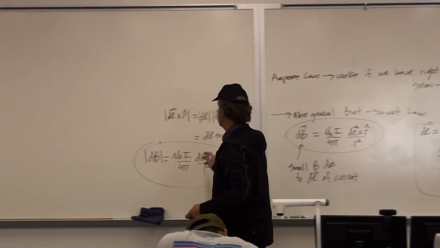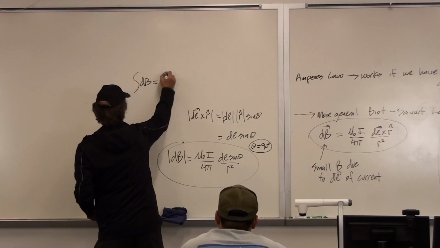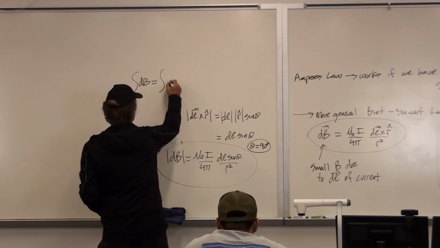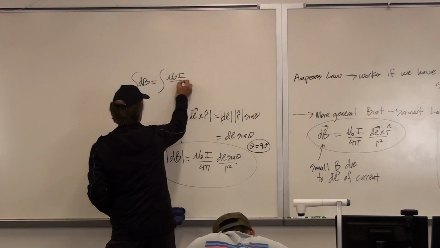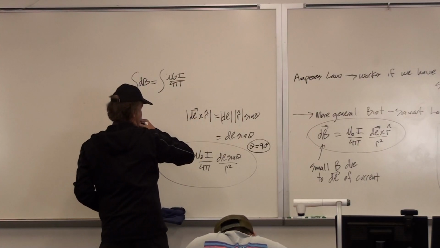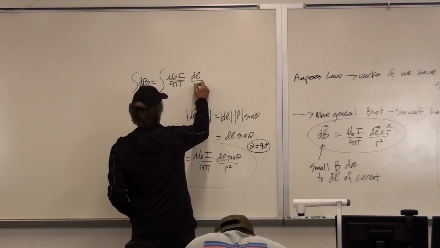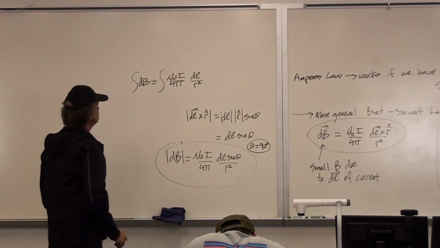So we can then write that the magnitude of dB, now we're going to try to integrate this, is mu 0 I over 4 pi times dl over r squared.